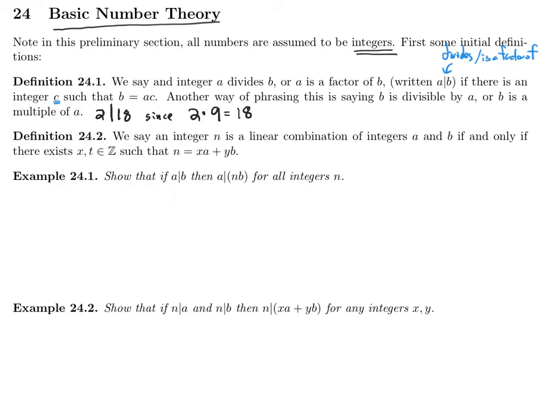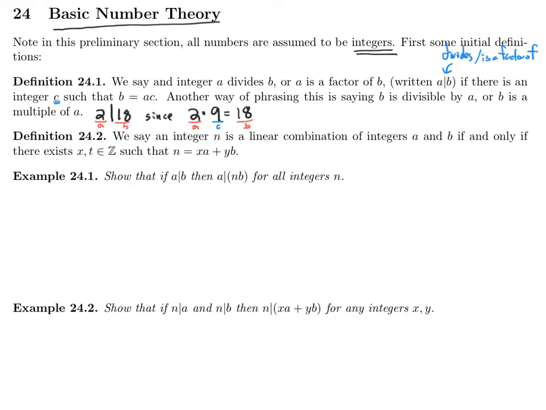We're thinking of 2 as our a in that definition, 18 is our b, and our c, the number that you multiply 2 by to get 18, is 9 in this case. And that's how divisibility works.